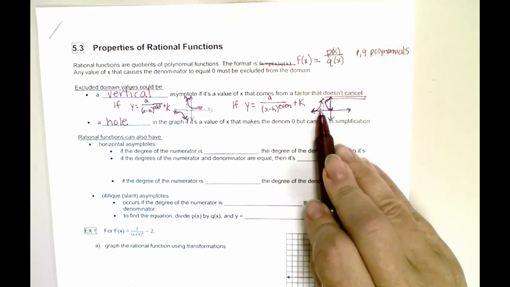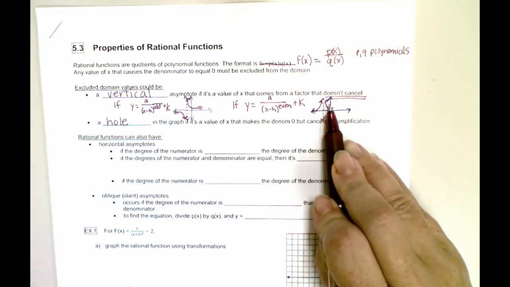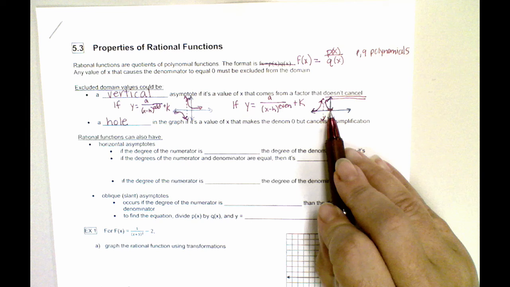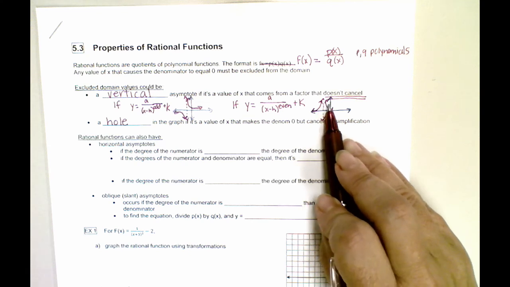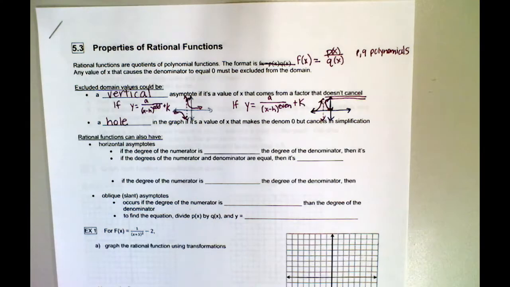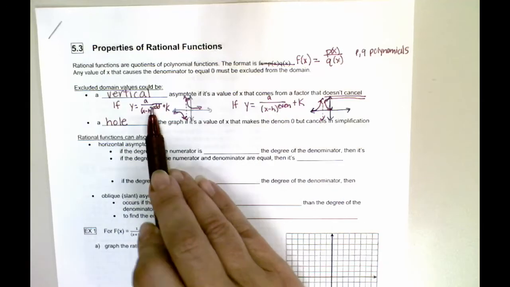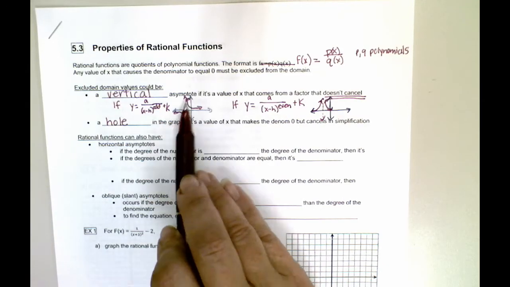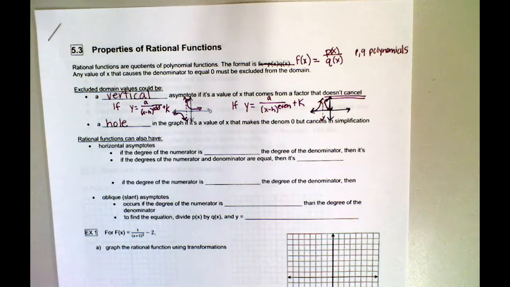Here, both little pieces of the graph that are coming toward the asymptote are on the positive end. Here, one was below and one was above. So that's one thing that's important to know: the exponent of the factor in the denominator is going to determine where your branches approach from.